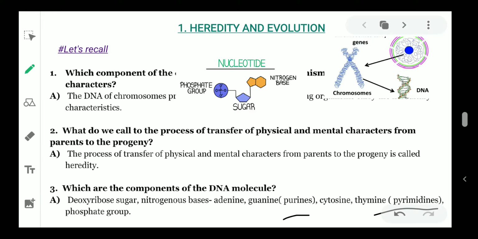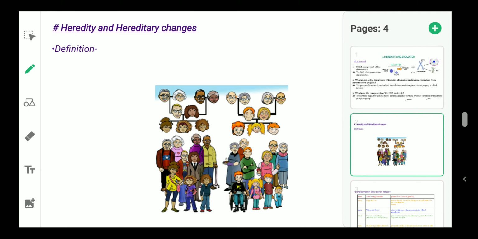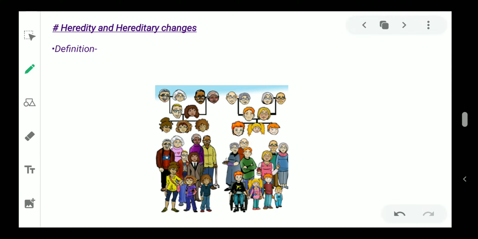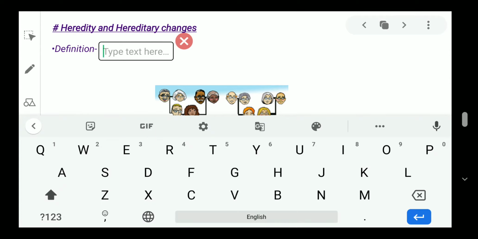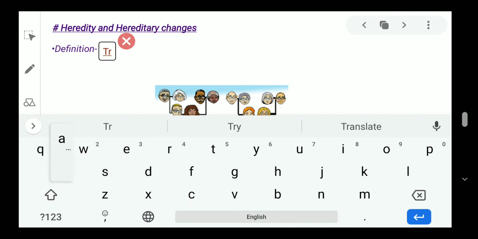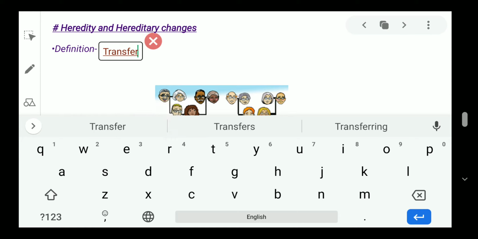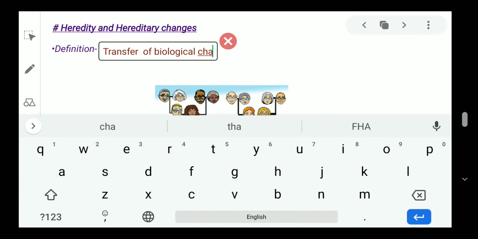Okay, proceeding with the chapter, what is heredity exactly? We have already studied the definition. Heredity is the transfer of biological characters from one generation to other.